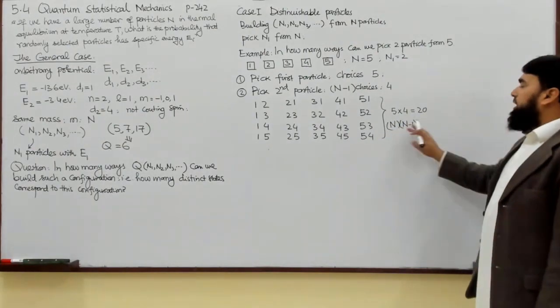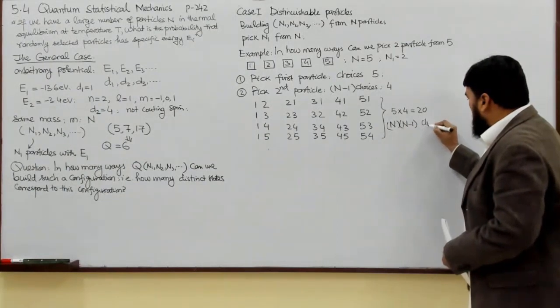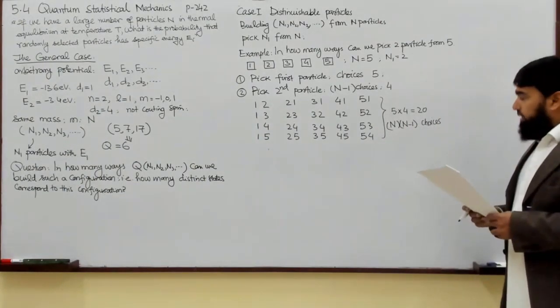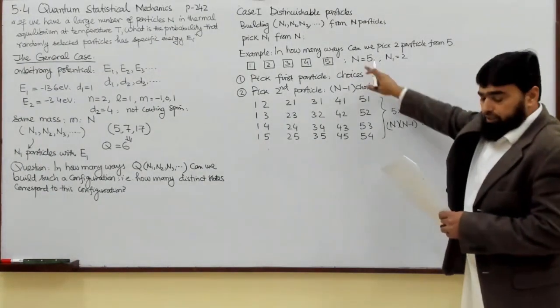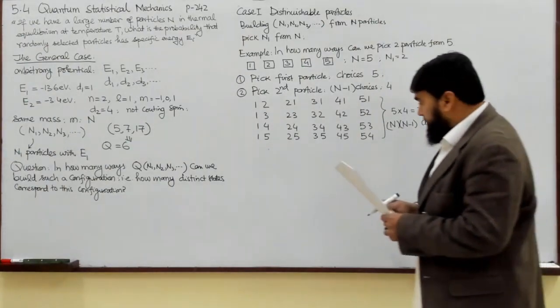So I have n into n minus 1 choices of picking 2 particles from 5 particles.